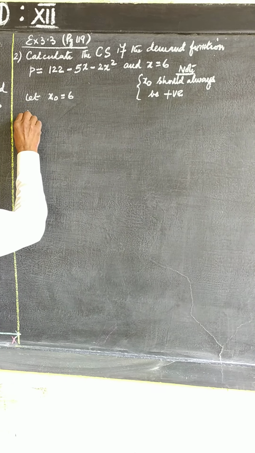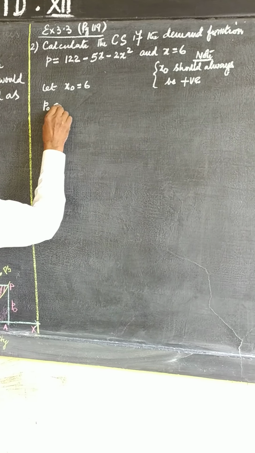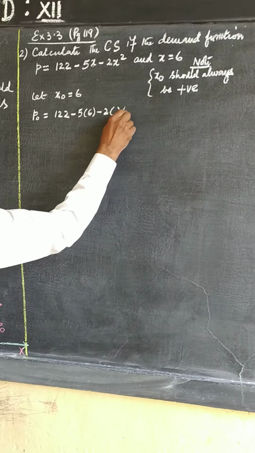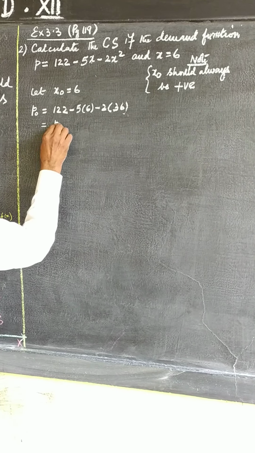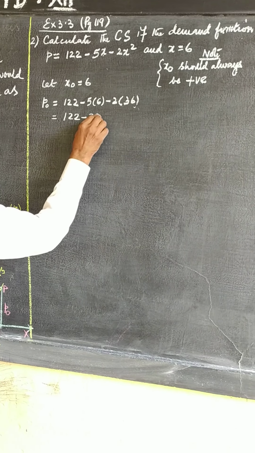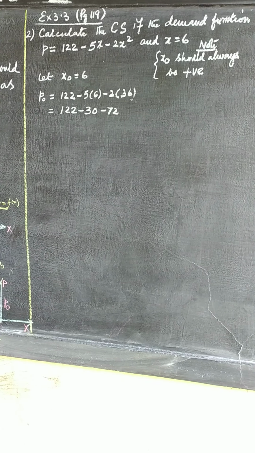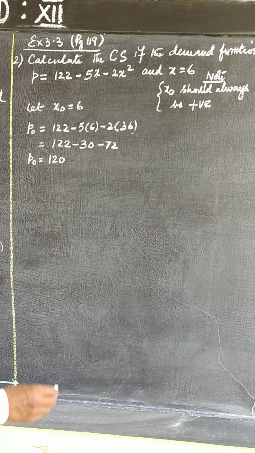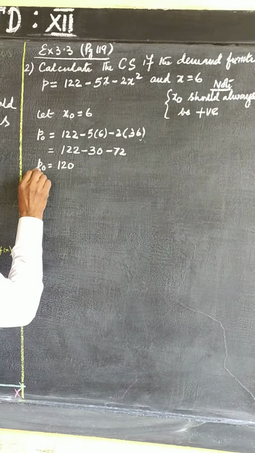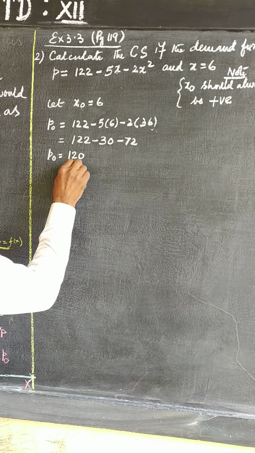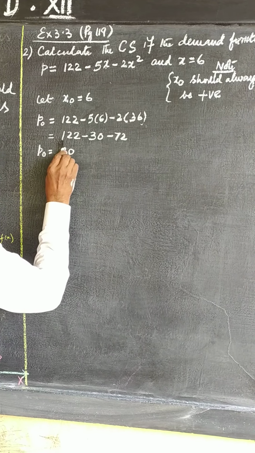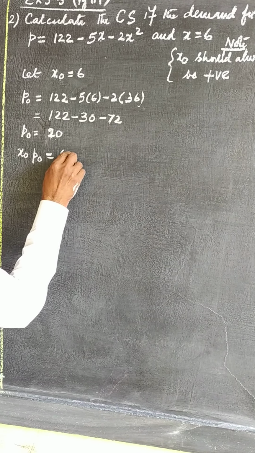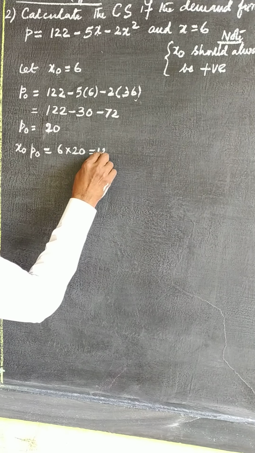Now we can substitute these values in P and therefore you will get P naught: 122 minus 5 into 6 minus 2 into 36. 122 minus 30 minus 72, which gives you P naught is equal to 20. x naught P naught is equal to 6 into 20, which is equal to 120.